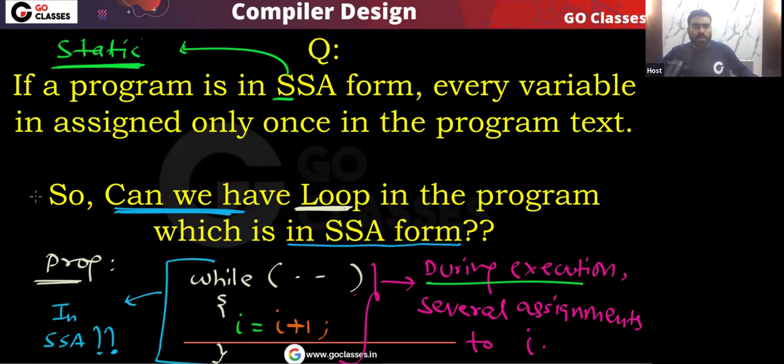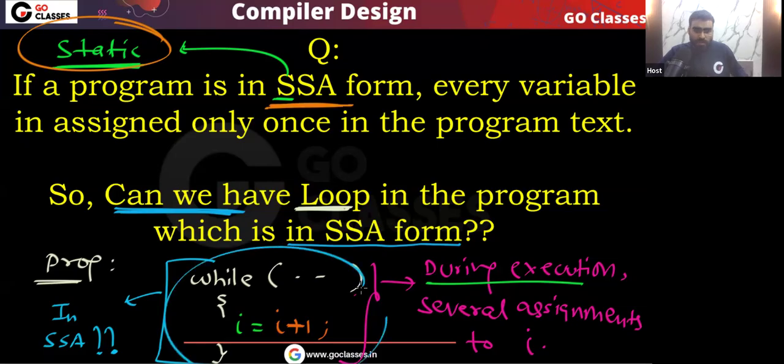Is this point clear now? Again and again I am telling you, one day in the GATE exam a nice question will come. Don't make this mistake. So remember, this is static single assignment, which means in the program text, just look at the text. We don't care about execution. So can we have a loop? The answer is of course.